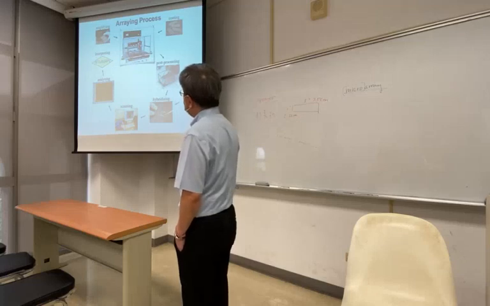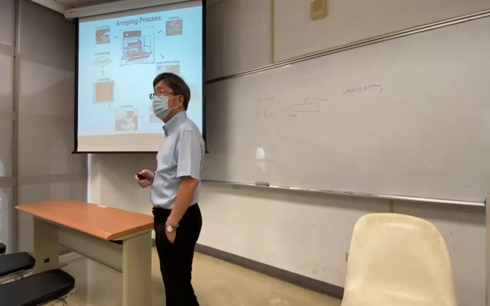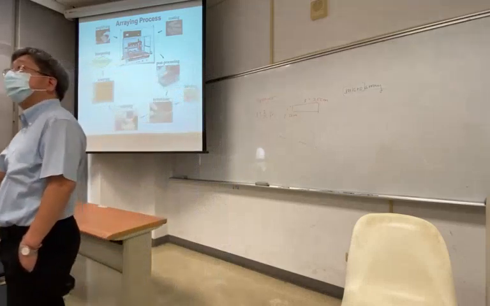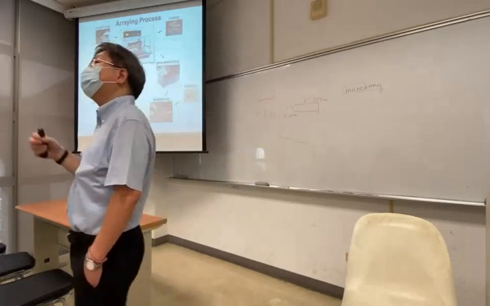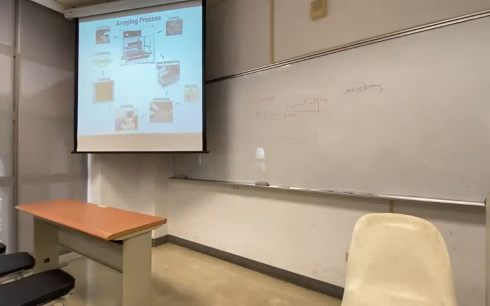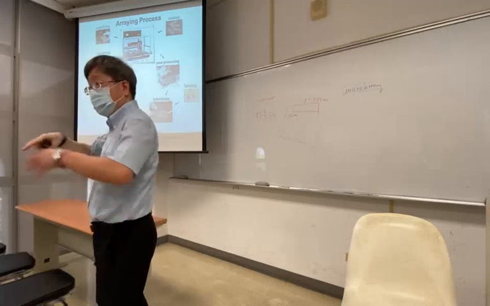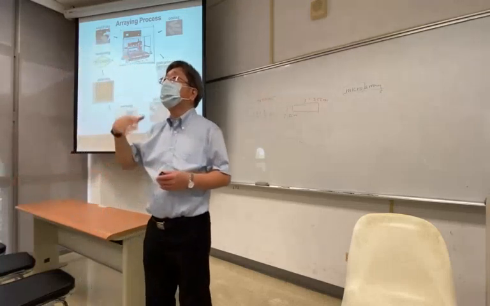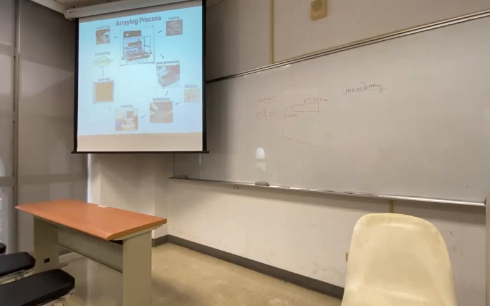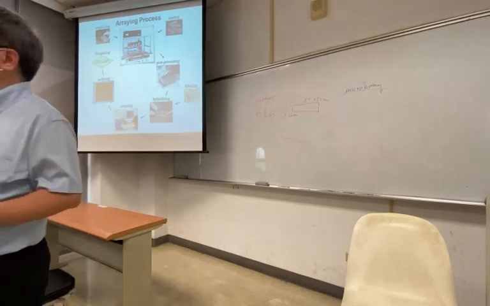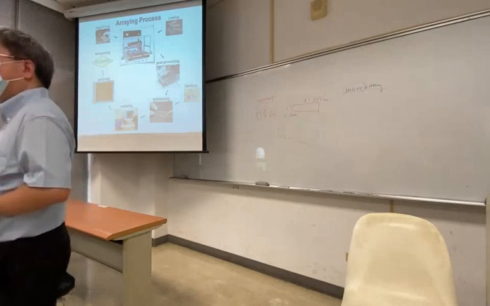In this case, you can print 100 slides at a time. Once you finish your printing, usually we print 20,000 spots, 2万点. For 100 slides, it takes about 16 hours, 16个小时 to finish a set. So early days, some of my graduate students were very hardworking because they had to take different shifts to take care of these machines.